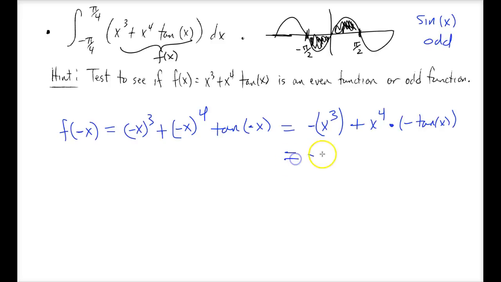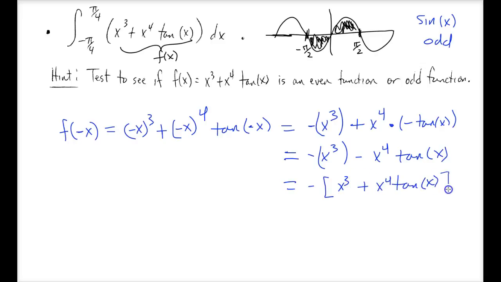So now we see that we just have negative x cubed minus x to the fourth times tangent x. And this is, if we factor out the negative there, we will have this. And what we have here is exactly what f of x is. So we end up having minus f of x. So we started off with f of minus x, and we end up with negative f of x.